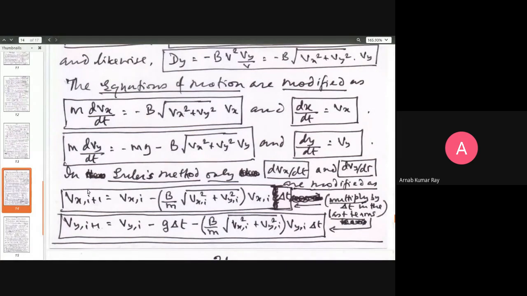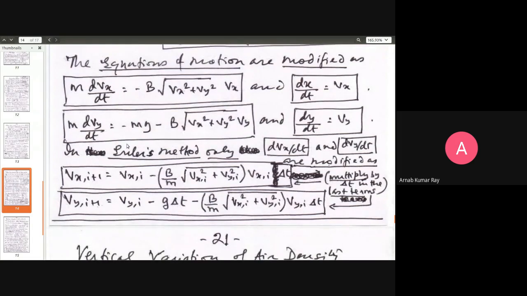So vx,i+1 is equal to vxi minus b by m times the square root of vxi squared plus vyi squared, times vxi, times delta t. Similarly, for the y equation, dividing throughout by m, delta v is equal to minus g into delta t minus b by m into this whole thing into delta t.